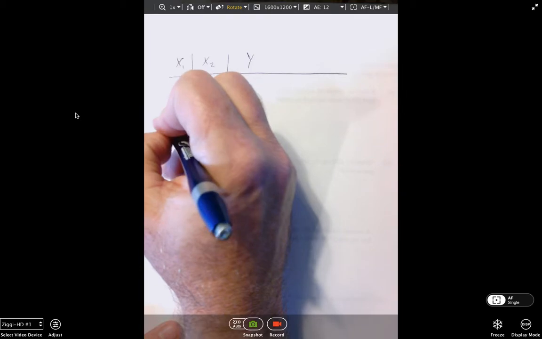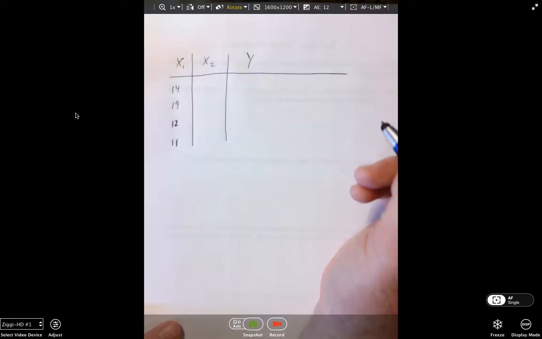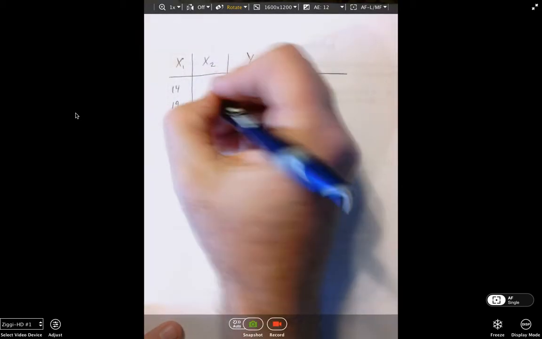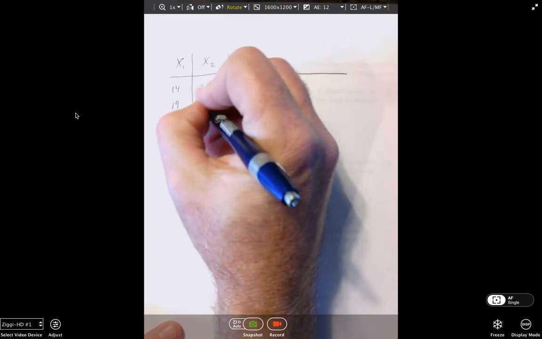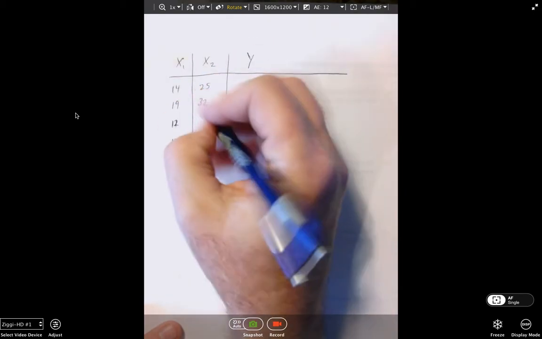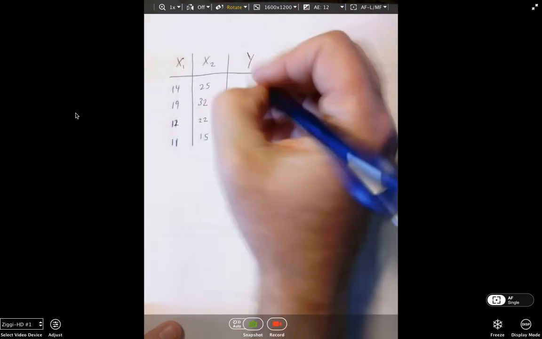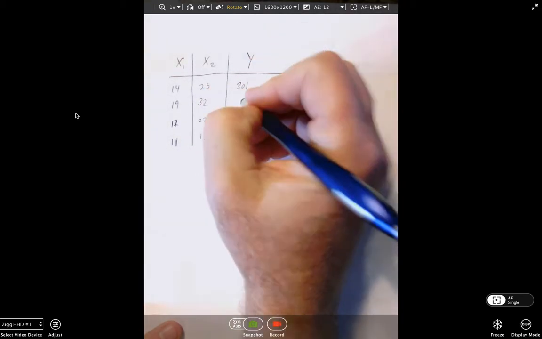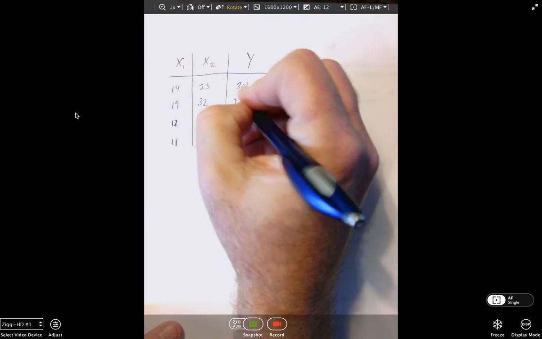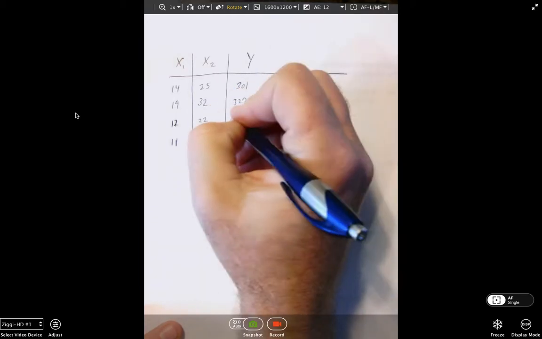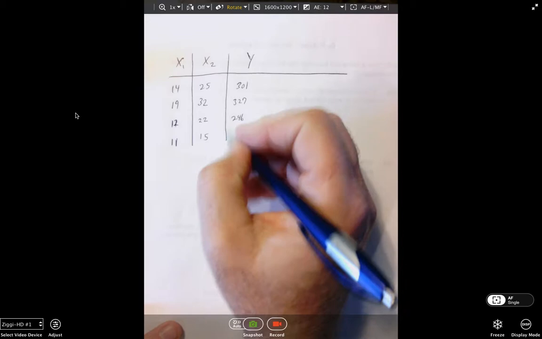Actually 12 and 11 is the way I have it on my paper. And 25, 32, 22, and 15. And our y's are 301, 327, 246, and 187.